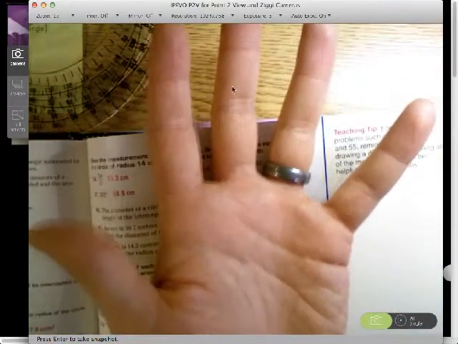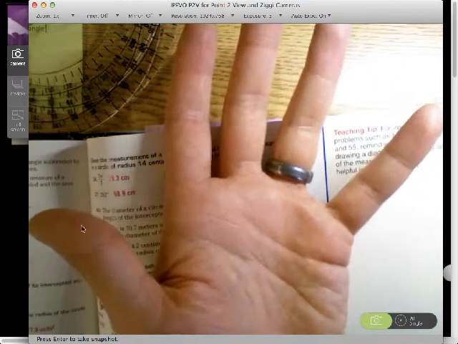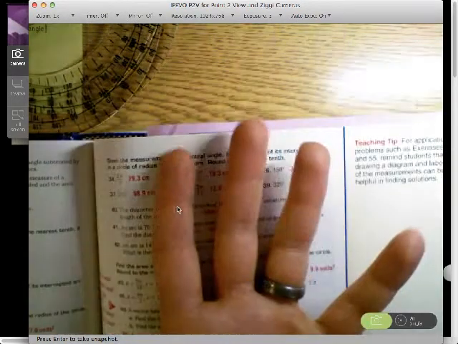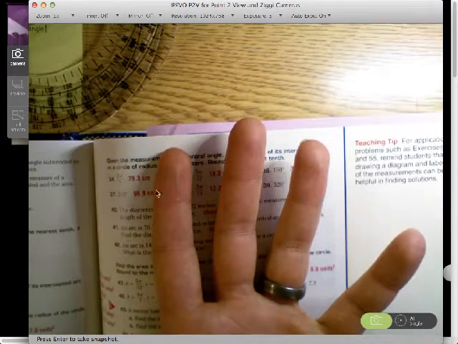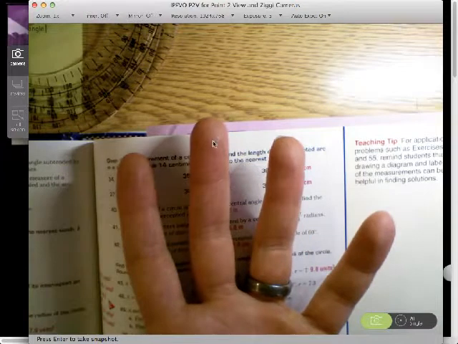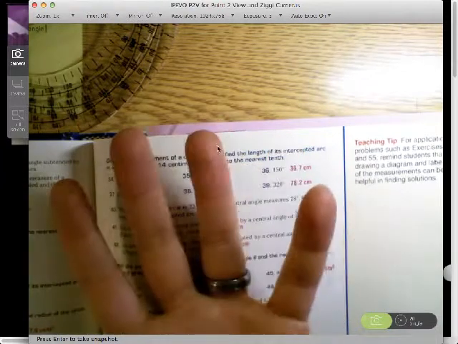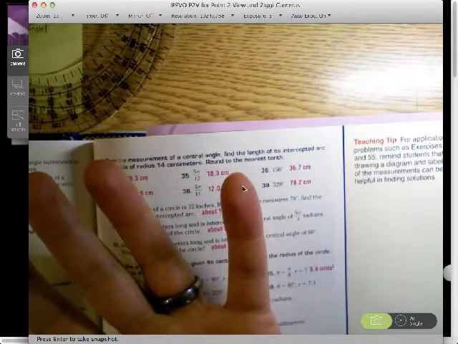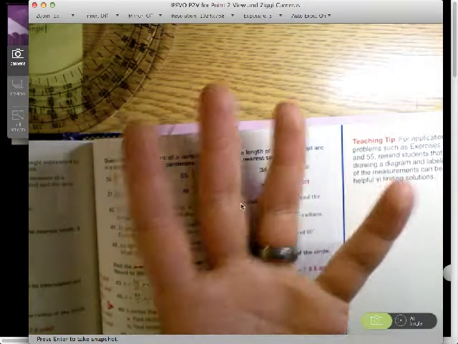So here's my 0 pi finger, or 0 degrees. Here's my pi over 6 finger, or 30 degrees, which is the one I'm looking for, but I'm going to give us practice with our fingers here. Here would be my pi over 4 finger, or 45 degrees. This would be pi over 3, or 60 degrees, and this would be pi over 2, or 90 degrees.